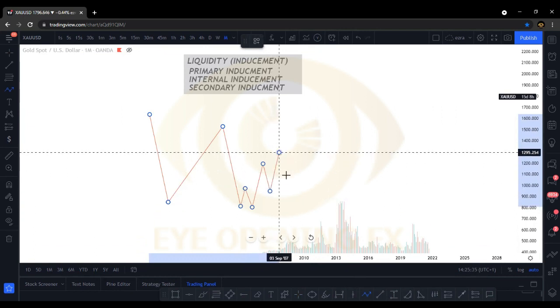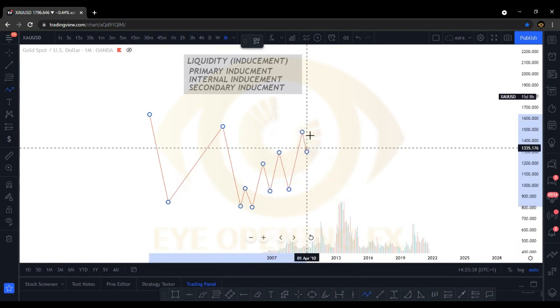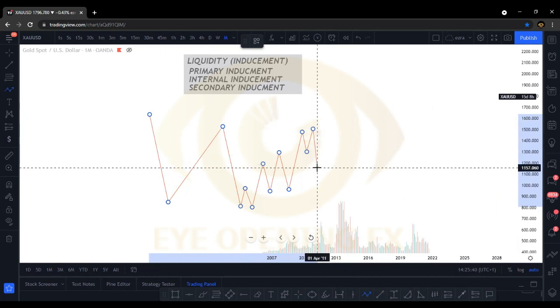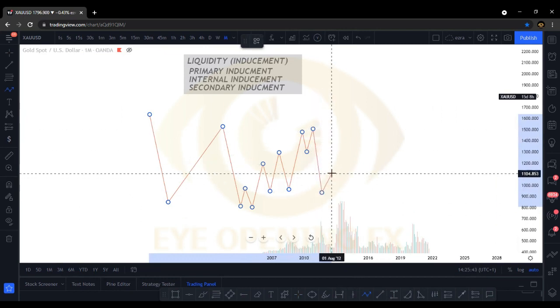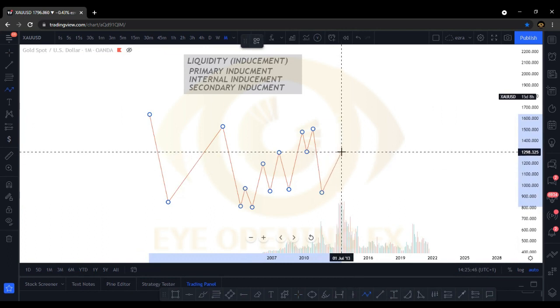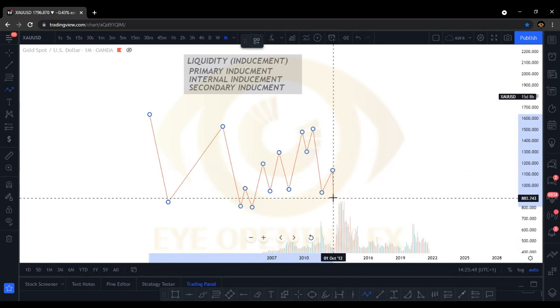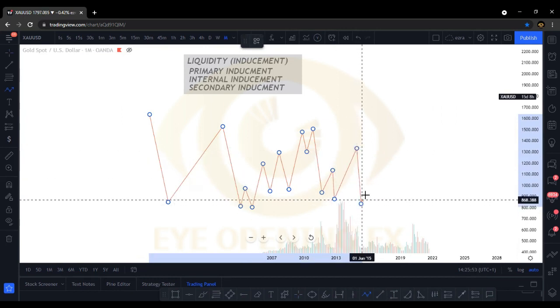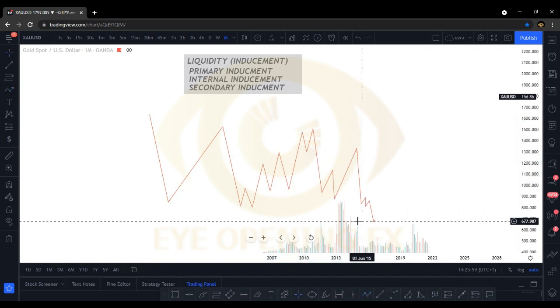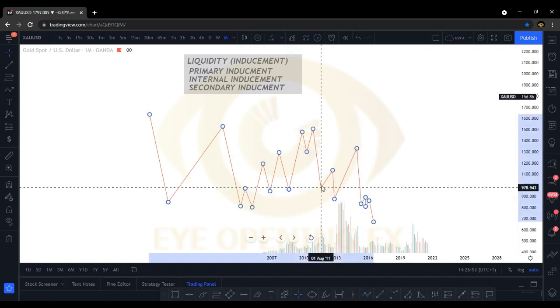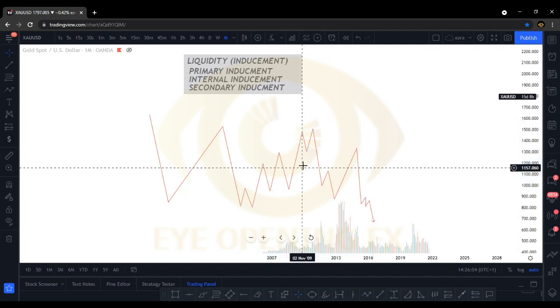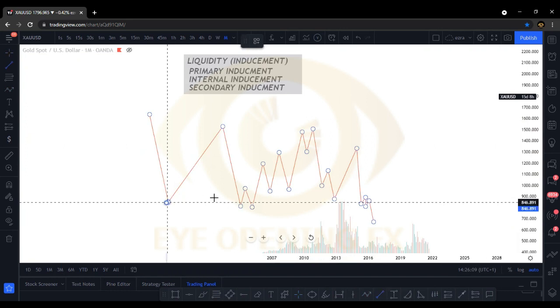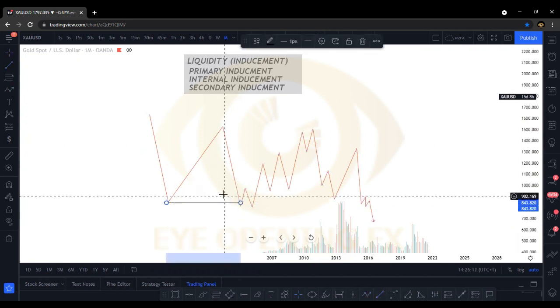Okay, let me say something here. Let's take, for example, this is how the market formed this move here. Now you understand, this is a lower low, a BMS to the downside.